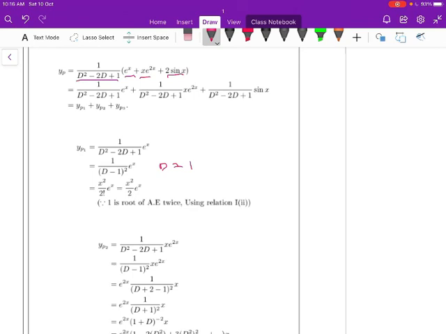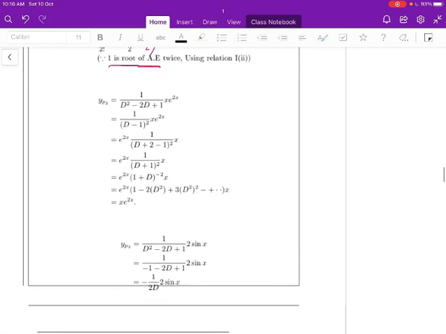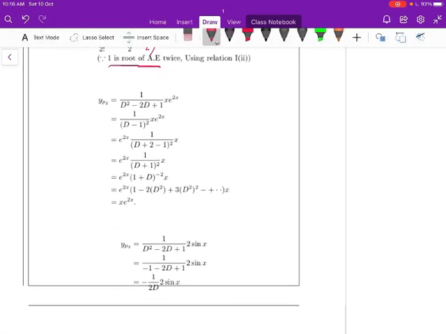When the denominator goes to 0, that root is repeated; 1 is repeated 2 times. So for that, multiply by x square and denominator 2 factorial. If it is repeated 3 times, x cube by 3 factorial, like this you can write, into e power x as it is written. So that can be written as x square by 2 into e power x. Since 1 is a root of the auxiliary equation repeated 2 times, we use this relation.